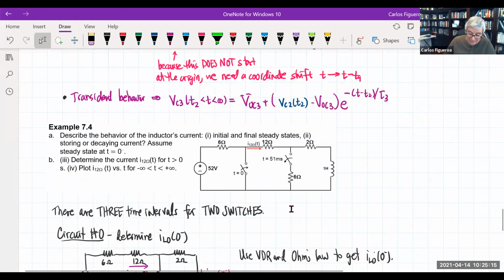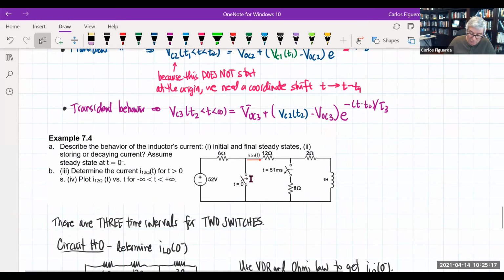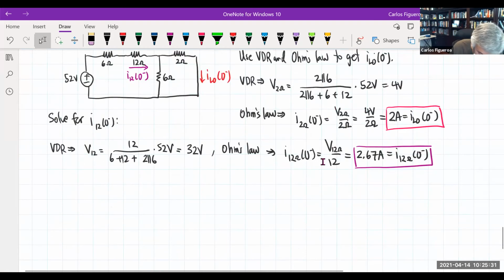So look what happens. If the switch is thrown like this, what happens? It kills off the 52 volt and 6 ohm resistor. It shorts out the source and the resistor. So I have the following circuit here. Circuit number 2 or circuit number 1.